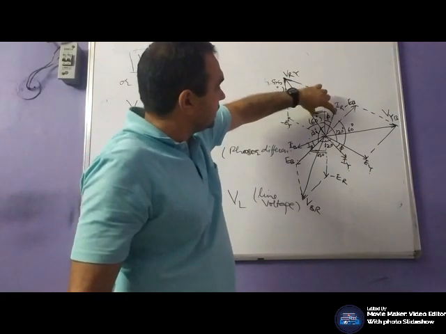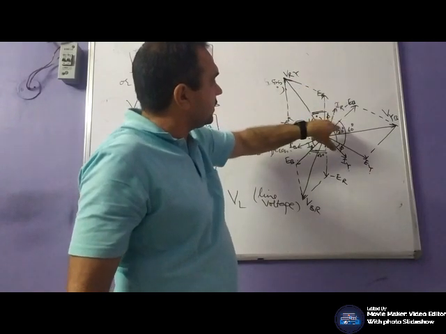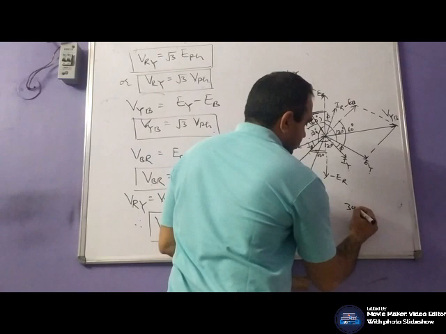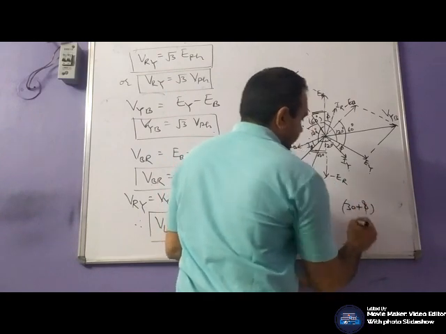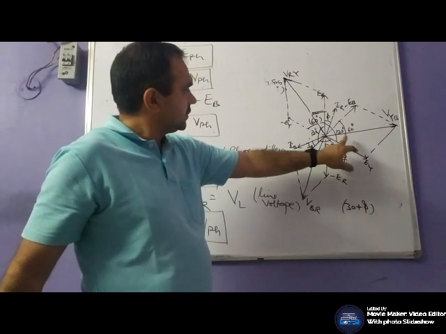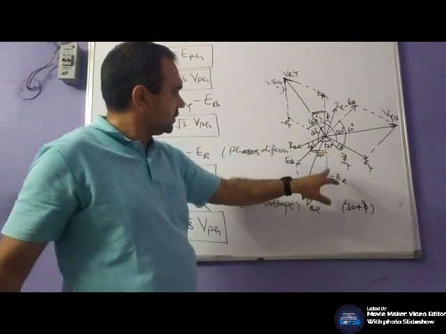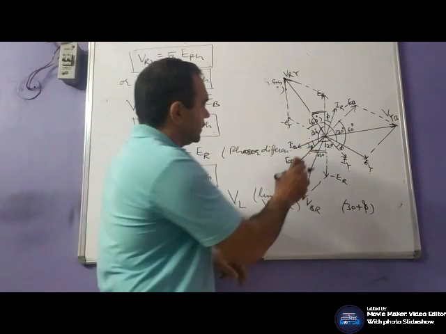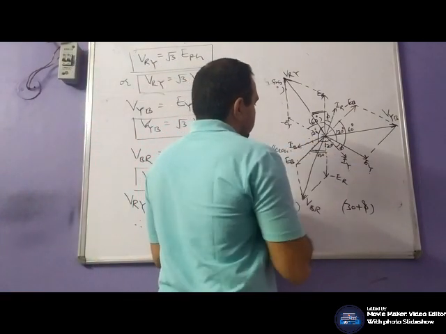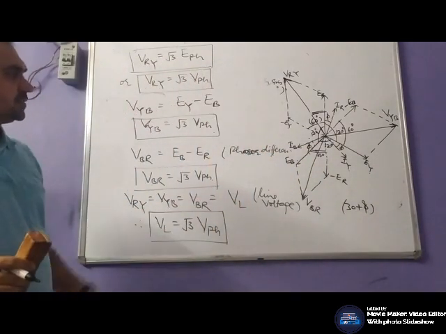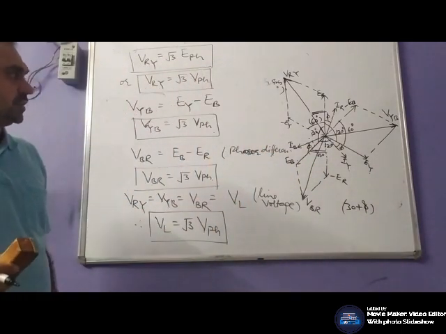Line voltage and phase current difference is 30 plus phi. So this is the difference between line voltages and phase voltages.